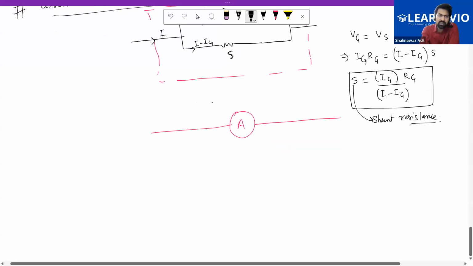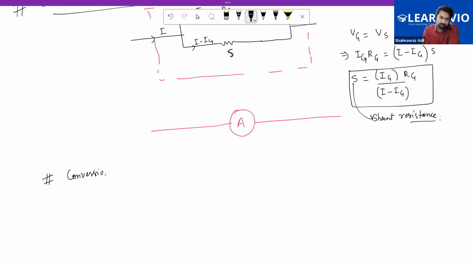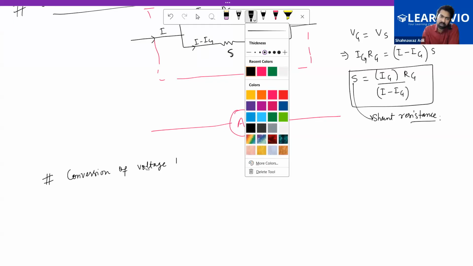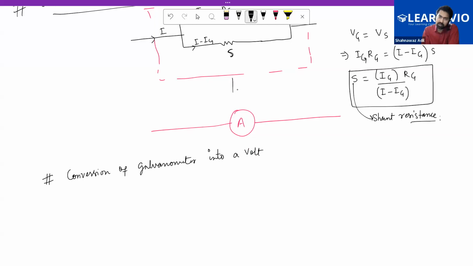Similarly, we can make a voltmeter, by conversion of a galvanometer into a voltmeter. So this becomes the ammeter, and this becomes the voltmeter.